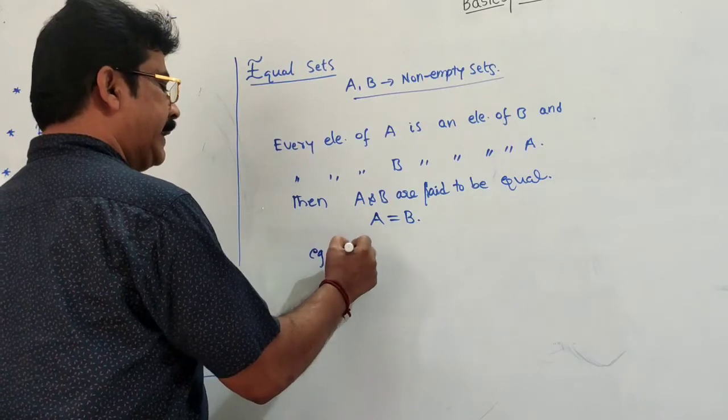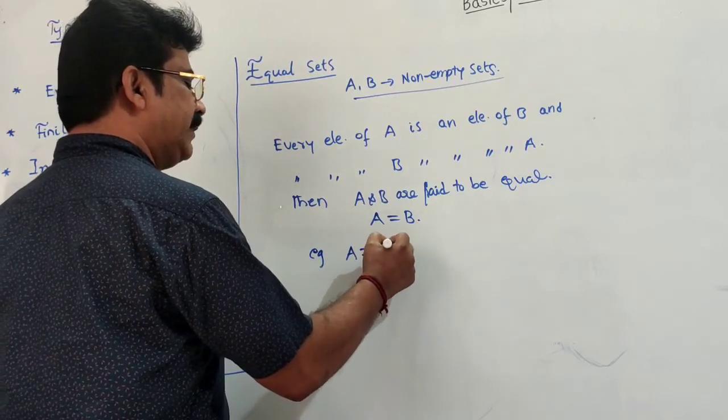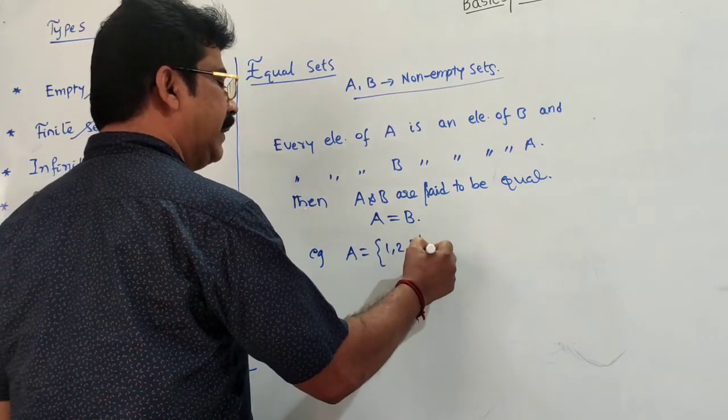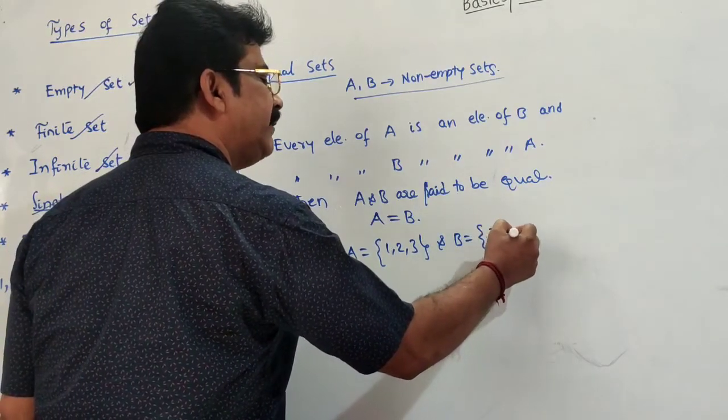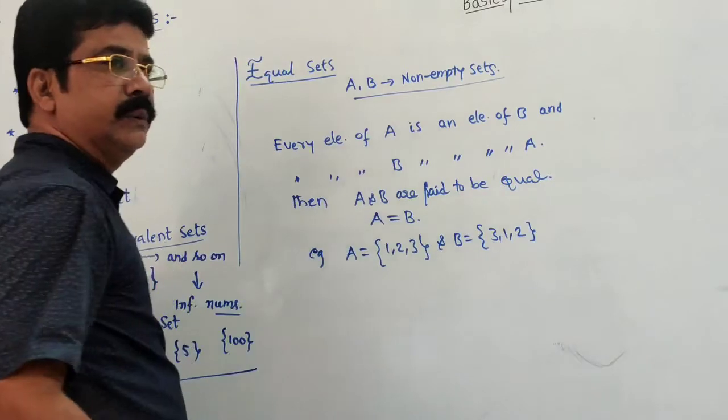Example, capital A is equal to the set of 1, 2, 3, and capital B is equal to the set of 3, 1, 2.